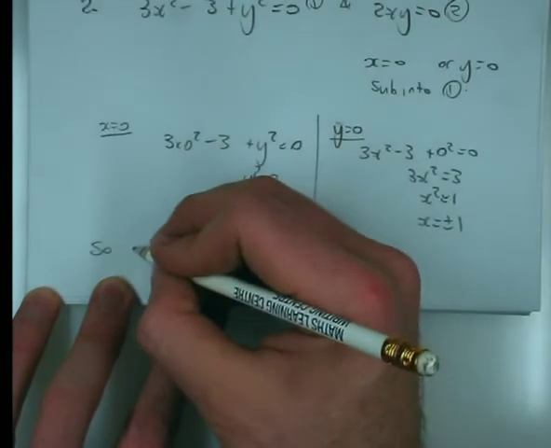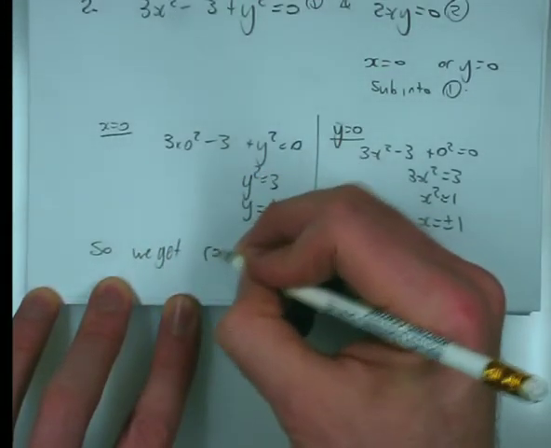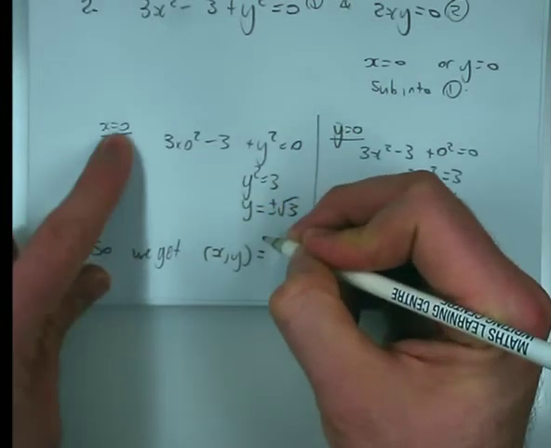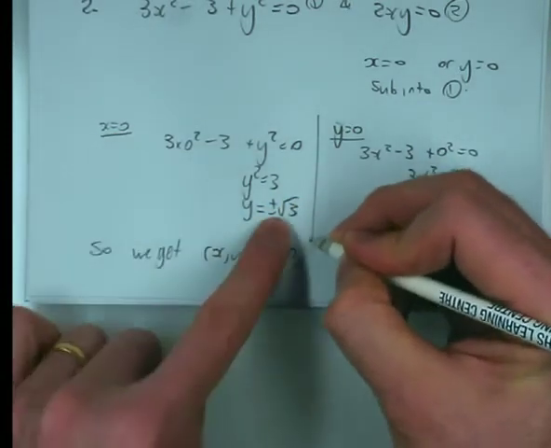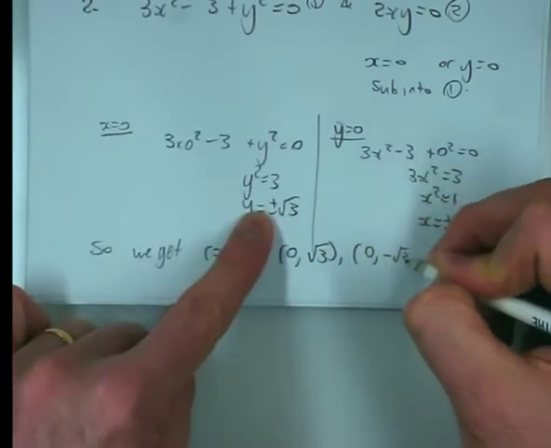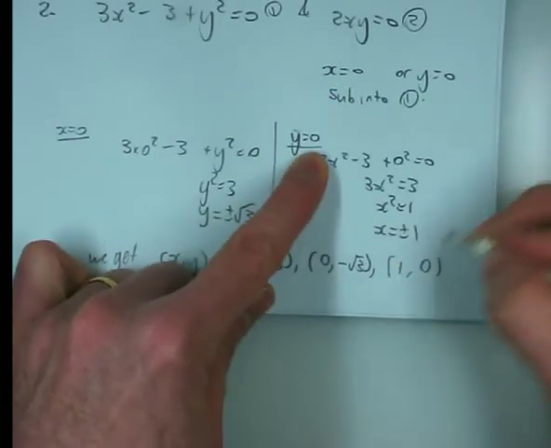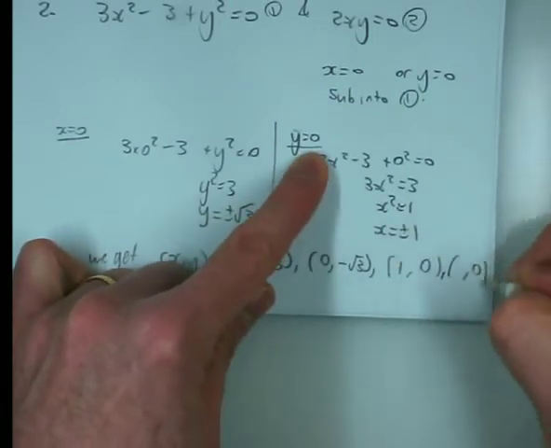So my critical points are my xy. So this one, the x is 0, and we've got a y of plus root 3. We've also got x is 0 and y is minus root 3. This one, we've got y is 0 and the x is plus 1, and also y is 0 and x is minus 1.